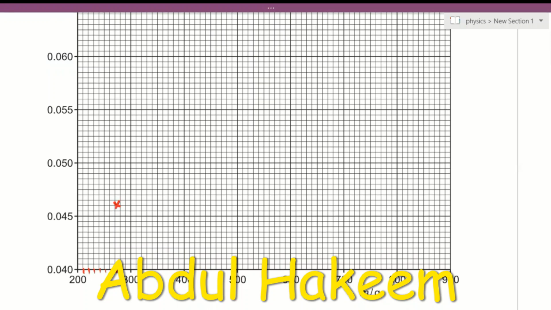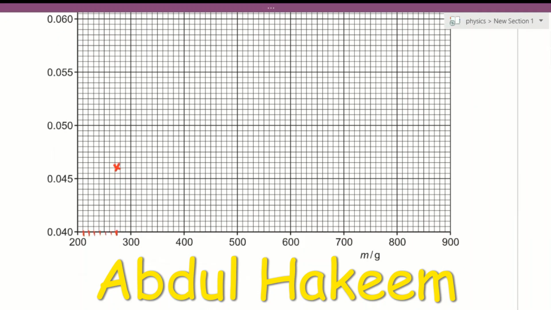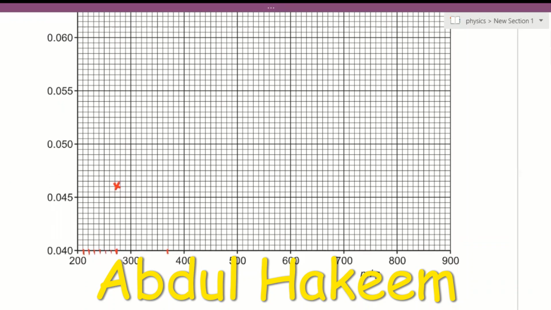Now the next point is 369. So approximately 370. So 310, 20, 30, 40, 50, 60, and 70. So this value here. And at the y-axis, this is 0.052.